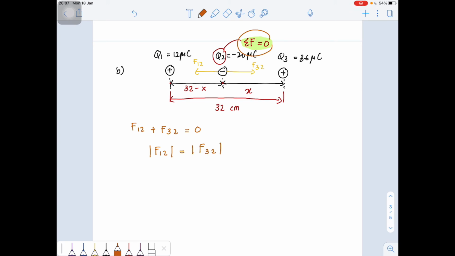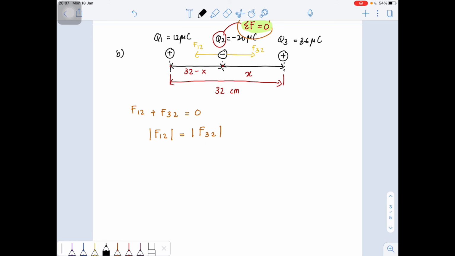Actually it should be negative, but now we just put modulus, so we just assume the magnitude only. Using Coulomb's law, K Q1 Q2 divided by r12 square equals K Q3 Q2 divided by r13 square. Here we can cancel K and K, then Q2 and Q2.